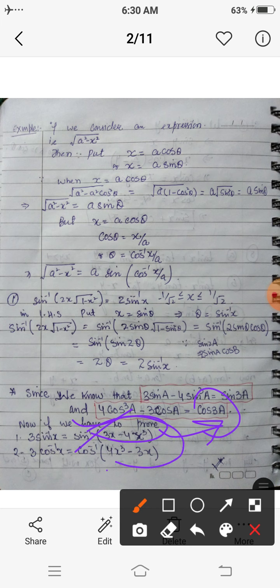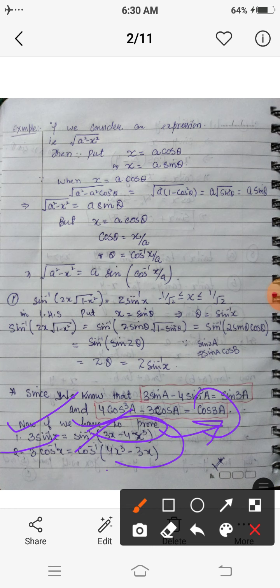Similarly, in the cos case, if we put x equals cos theta, the angle becomes 4 cos cube theta minus thrice cos theta, which is simply cos 3 theta. Cos inverse and cos will cancel, so in the first we get 3 theta, and in the second we also get 3 theta.